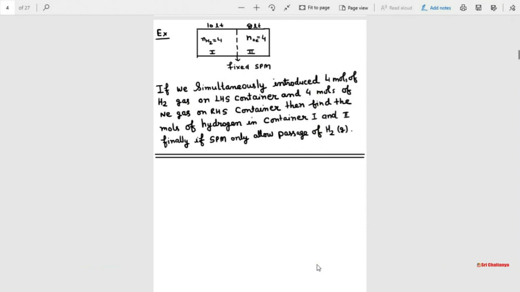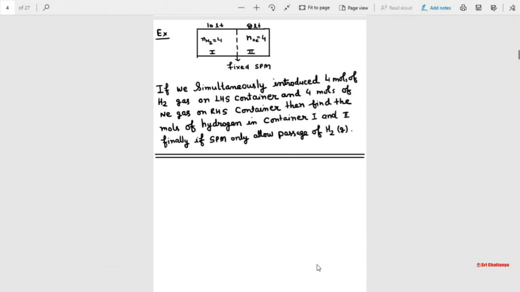Now we can understand this point: there will be a piston, because when the semi-permeable membrane is there, the gas which can pass through it will go from one container to the other. So we should understand that some mechanical piston is there which can be removed, and then we are talking about the process.